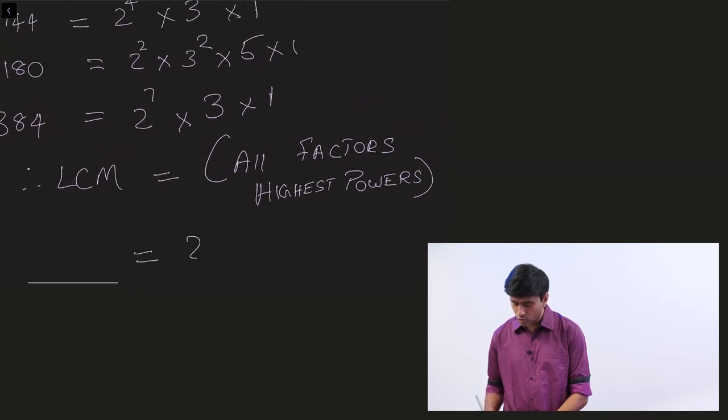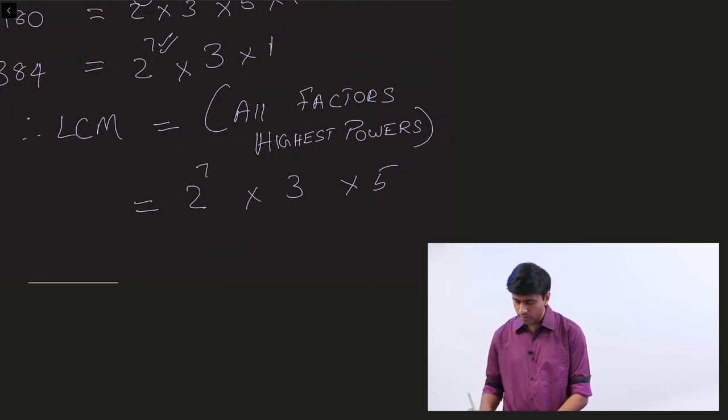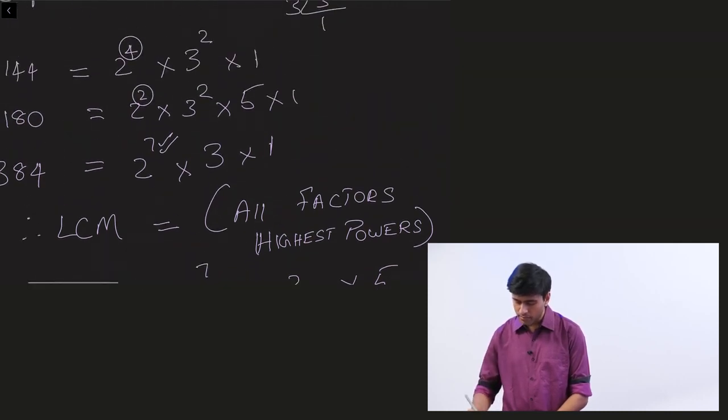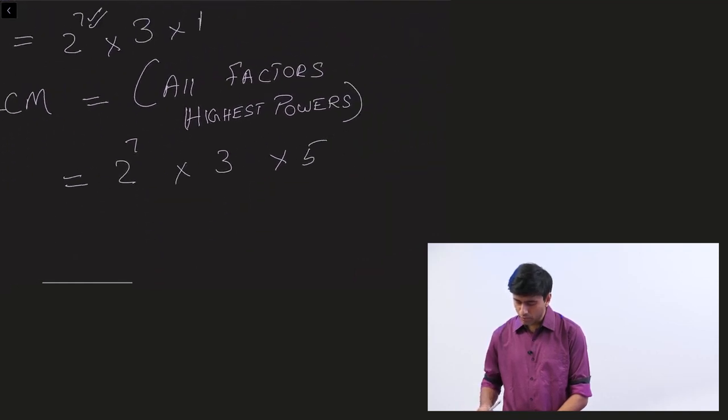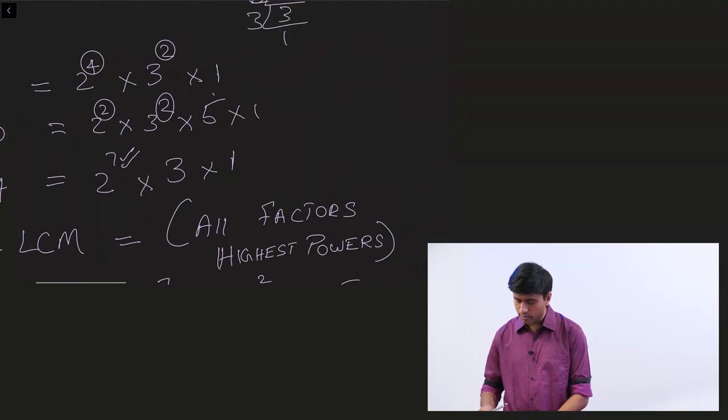We have 2, we have 3, and we have 5. What is the highest power of 2? If you notice, the highest power of 2 is 7. So we take 2 to the power of 7. What about 3? The highest power of 3 is 2, 3 to the power of 2. And what is the highest power of 5? It is only 1, so it is just 5.